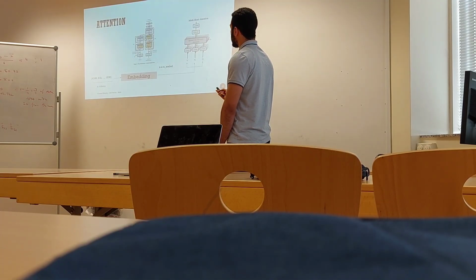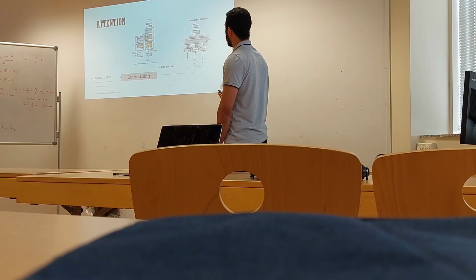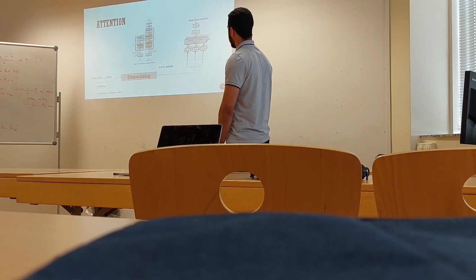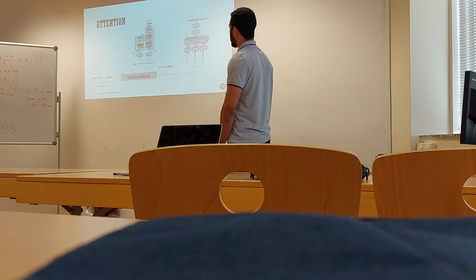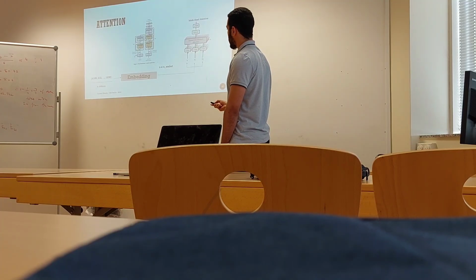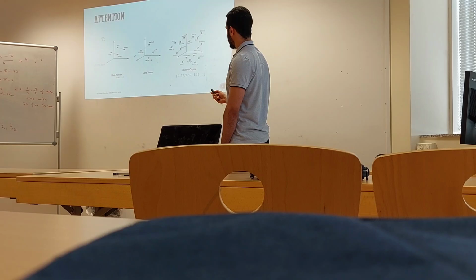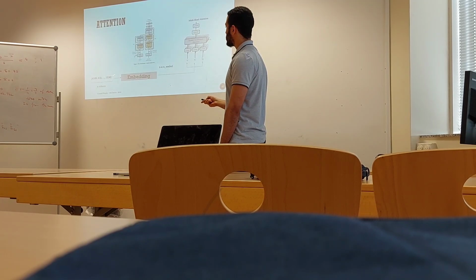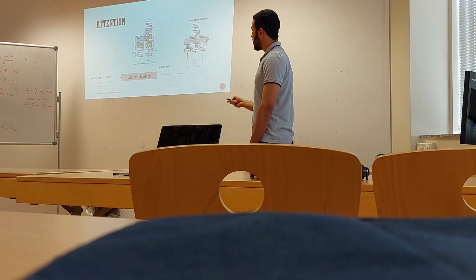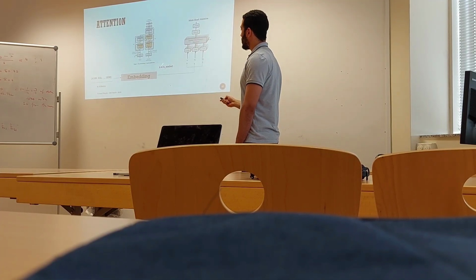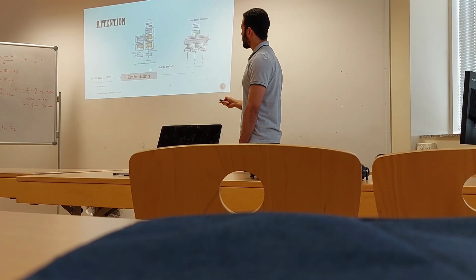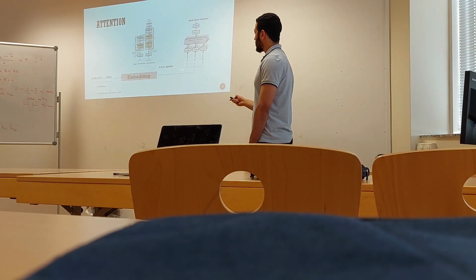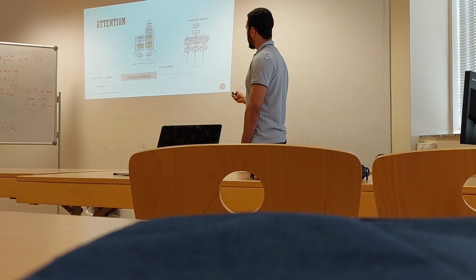Every multi-head attention block contains linear layers. As we said, if you have n tokens, you make the embedding, and the output of the embedding layer will be a matrix of n times n_embedding. We take 3 copies of this matrix: query, key, and value.